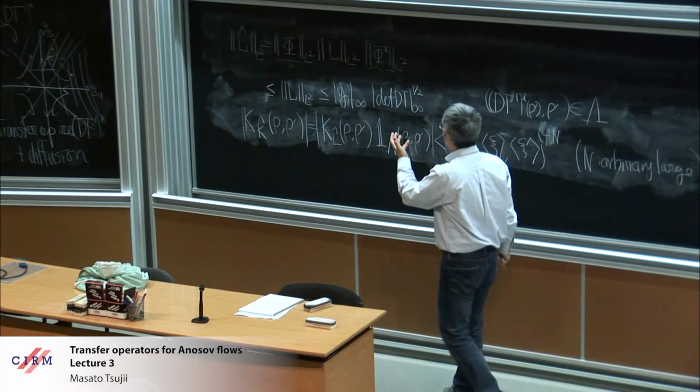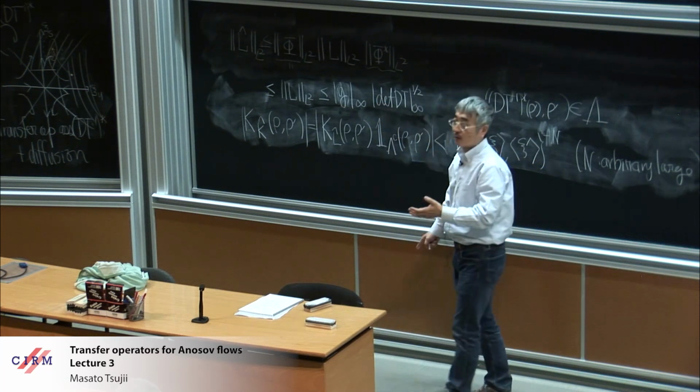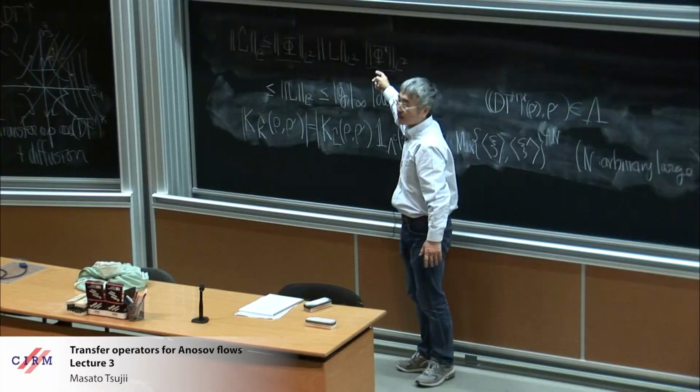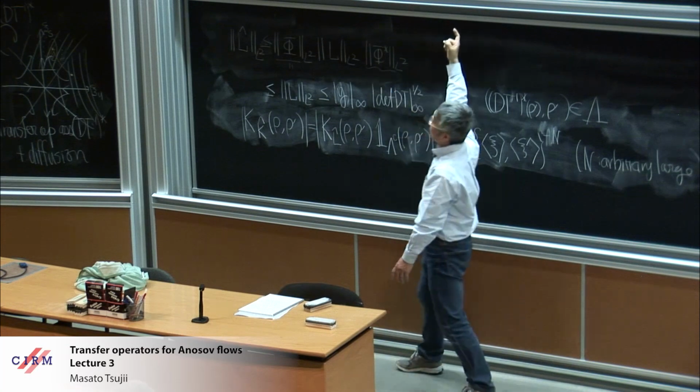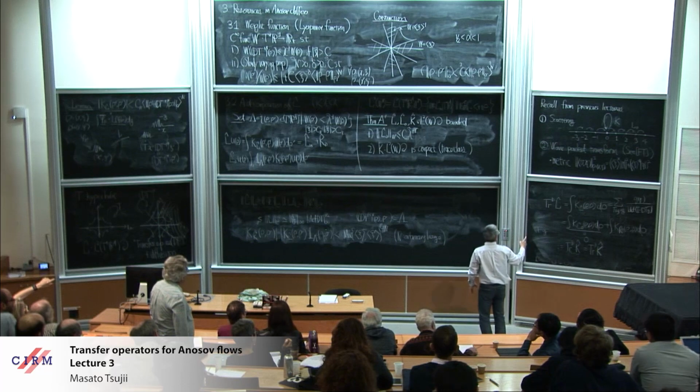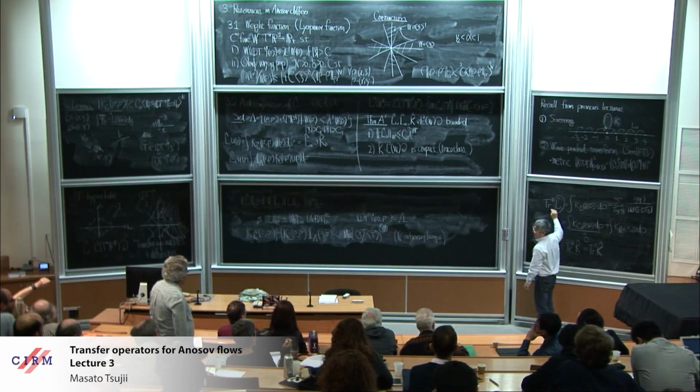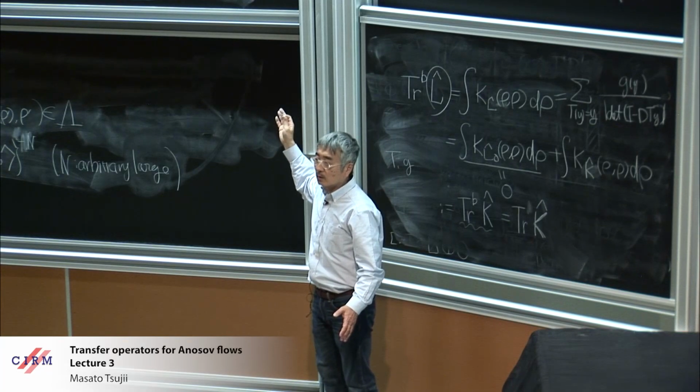Just answer my question: is it equal to 1 for 1 over the Jacobian, the spectral radius of this operator, the transfer operator on the Hilbert space that you define in theorem A? So the spectral radius of this operator, you mean? The operator which appeared in the main theorem A from the first lecture.